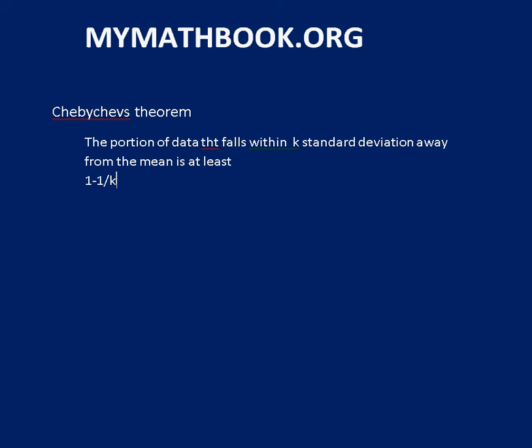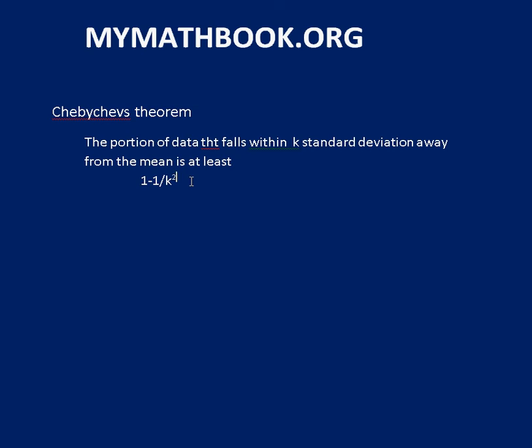Now that k has to be squared, so you do this. So this is the formula for finding the percentage that a particular value is going to fall within a certain number of deviations from the mean.